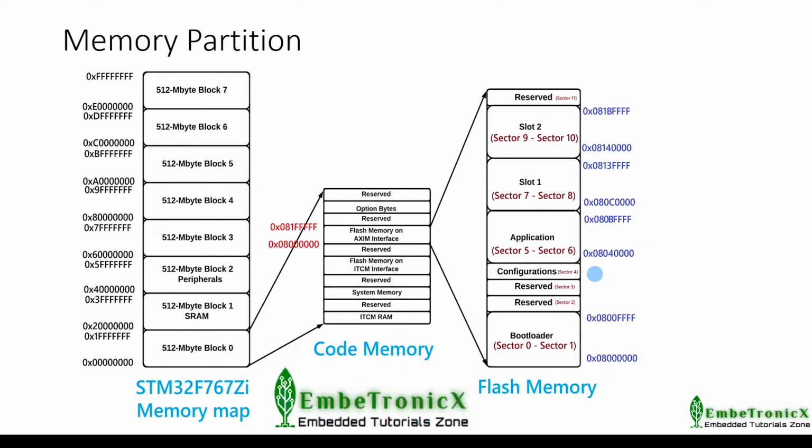The actual application which will run is placed into sector 5 and sector 6, which is 512 KB, and also I have planned to keep the current version of the application and the previous version of the application as a backup. For that purpose, I have allocated 2 slots. These 2 slots' size is also 512 KB.